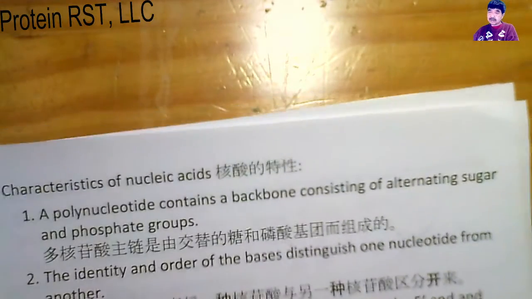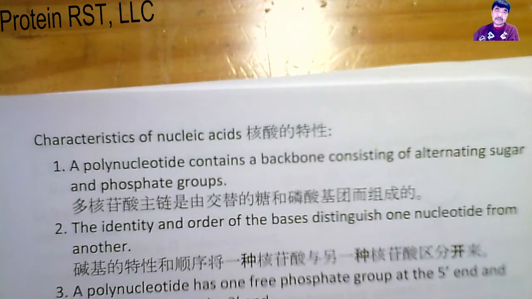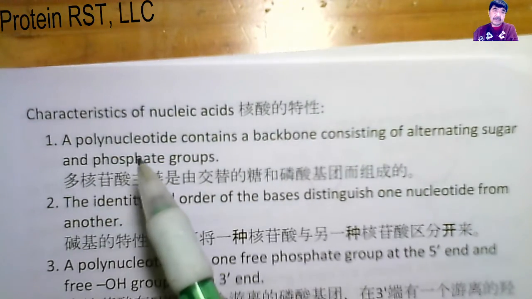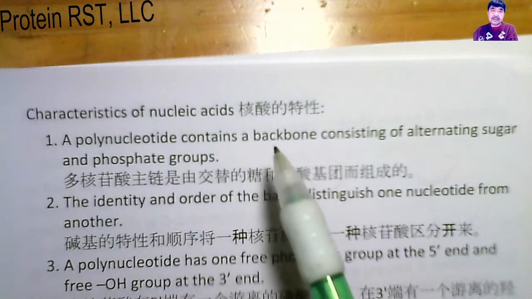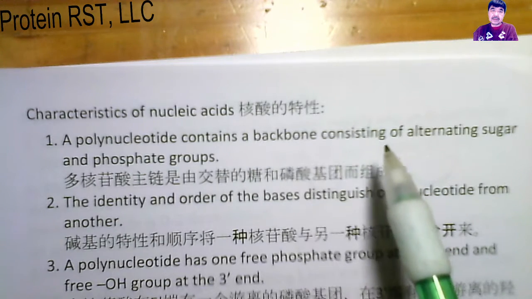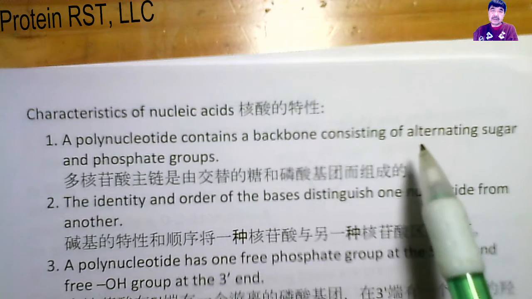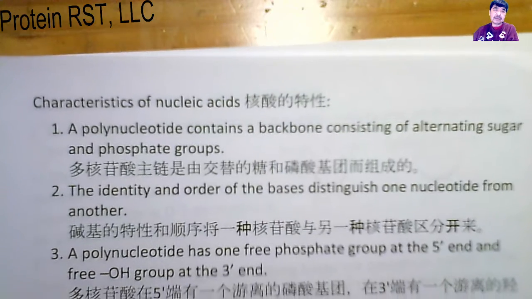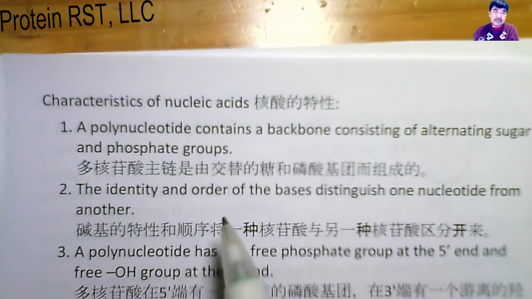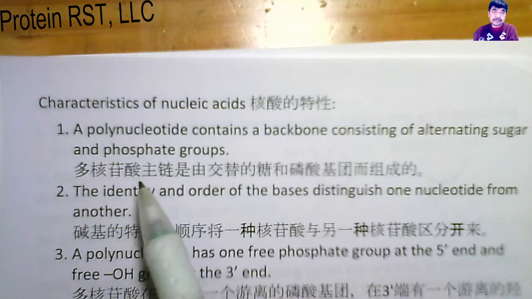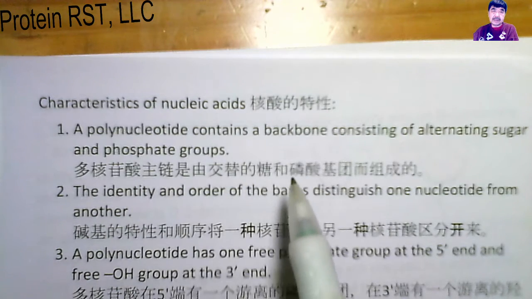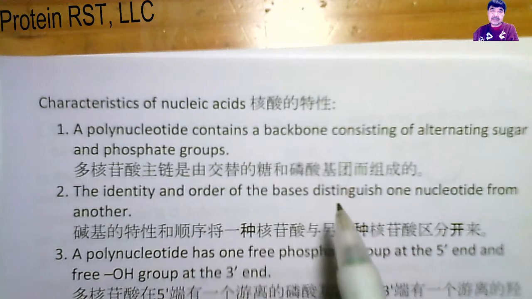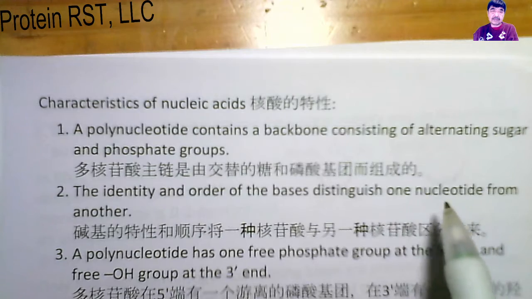The last part, let's take a look at the characteristics of nucleic acids. A polynucleotide contains a backbone consisting of alternating sugar and phosphate groups. The identity and order of the bases distinguish one nucleotide from another.